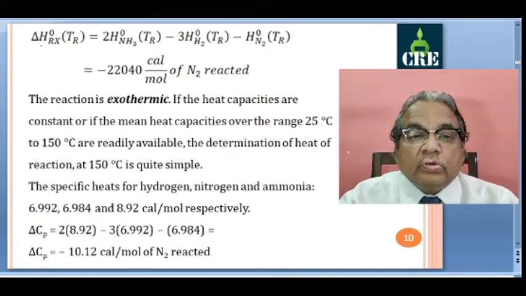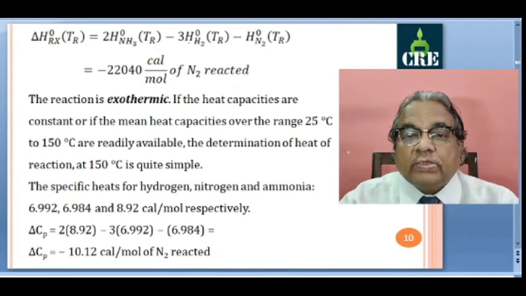So delta HRX at Tr is 2 times the enthalpy of formation of ammonia, minus 3 times the enthalpy associated with hydrogen, minus the enthalpy associated with nitrogen. Here the stoichiometric coefficient is 1, here it is 3 and here it is 2.